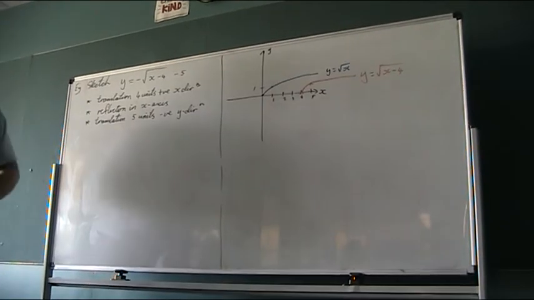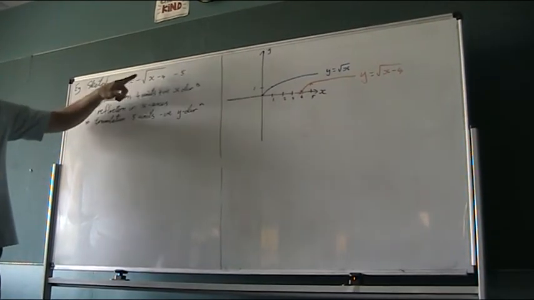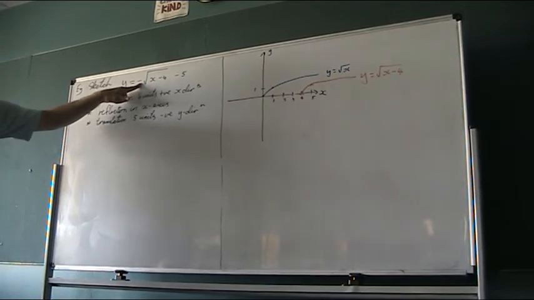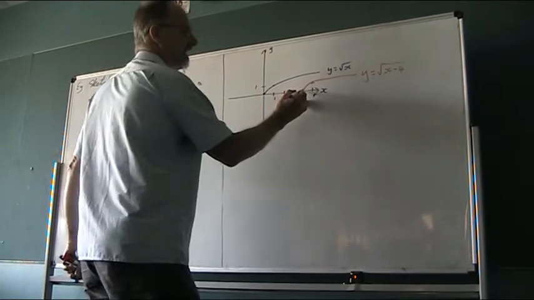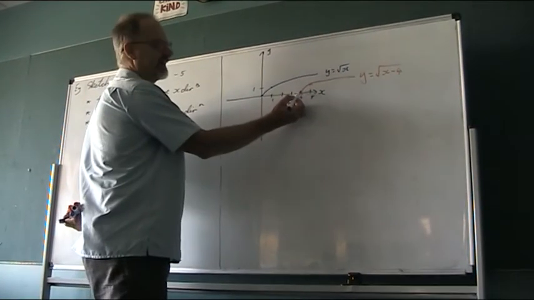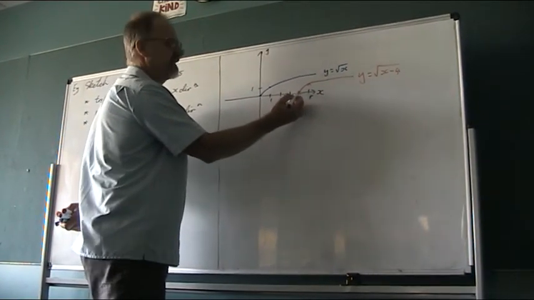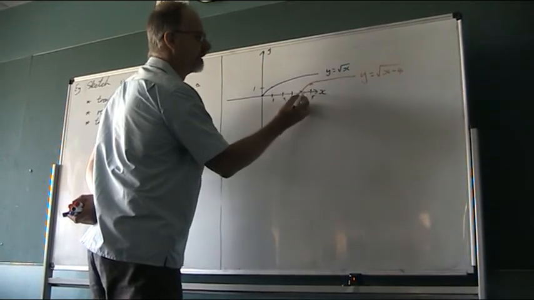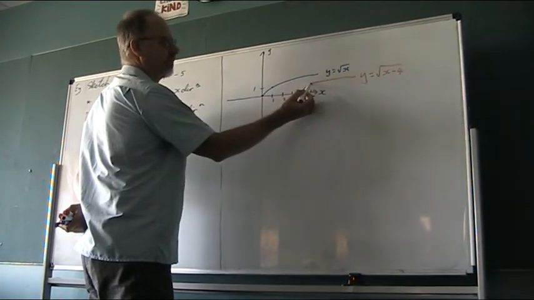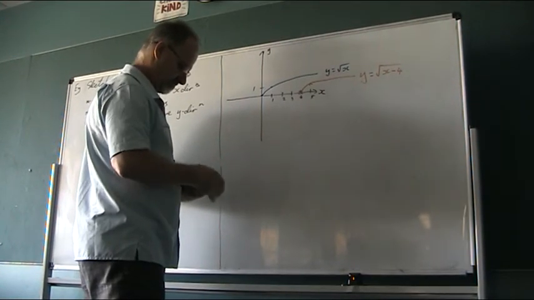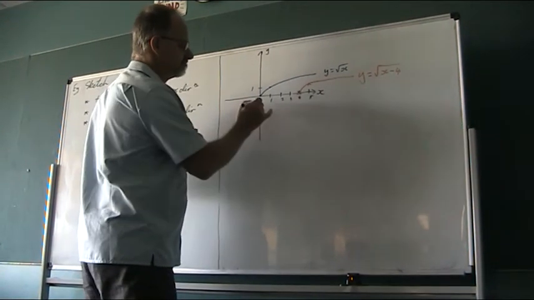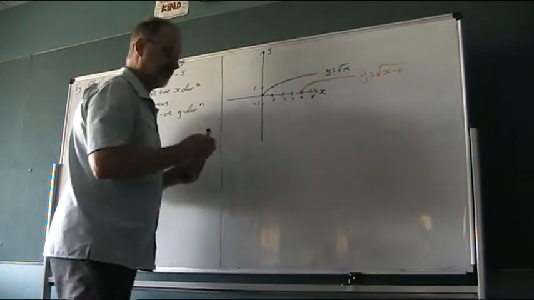Then after we've done this bit, we then reflect. So if we reflect in the x-axis, well, a bit that's on the x-axis, where's it? Stays there. So this point here, which was at 1, now becomes -1, yeah?